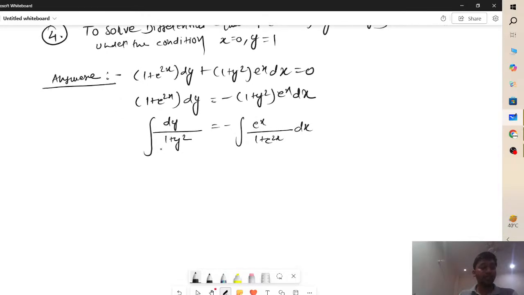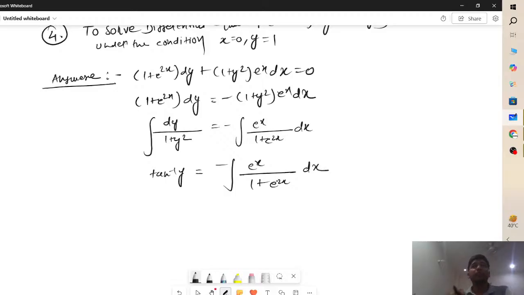What is the integration of 1 by 1 plus y square? It is tan inverse y, isn't it? And this is the integral of e^x by (1 plus e^2x) dx.